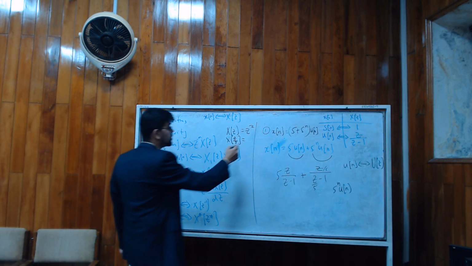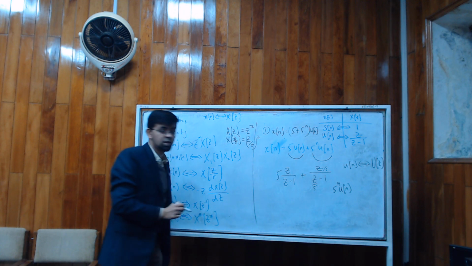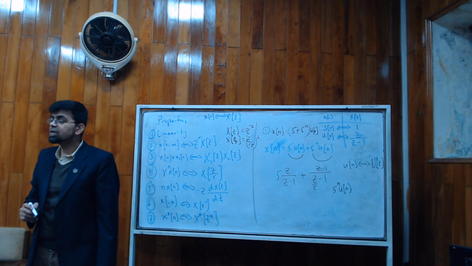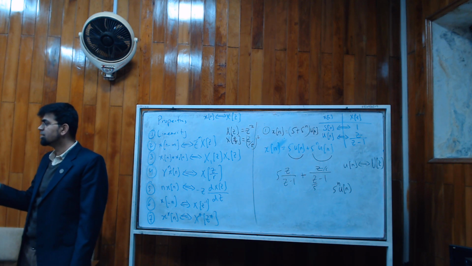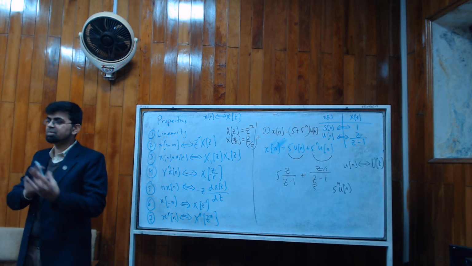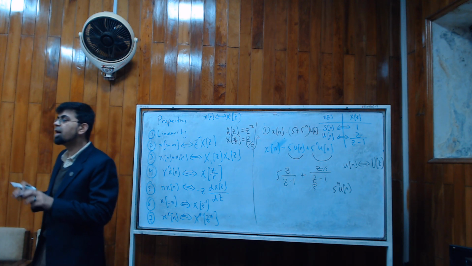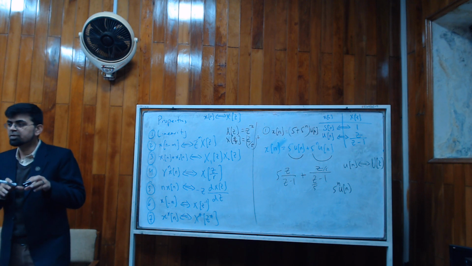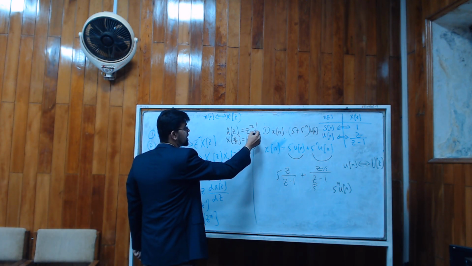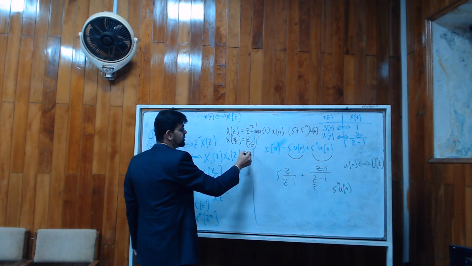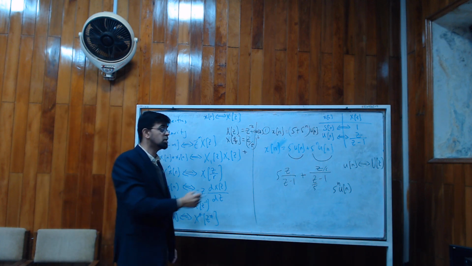So you will make it (z by 5) square. Some of you will do it like z square by 5, which will again be wrong. Z becomes z by 5. Everything else that was happening to z will now happen to z by 5. So if this function had another term, let's say cosine z, then what would you have in X(z by 5)? z by 5 plus cosine z by 5.